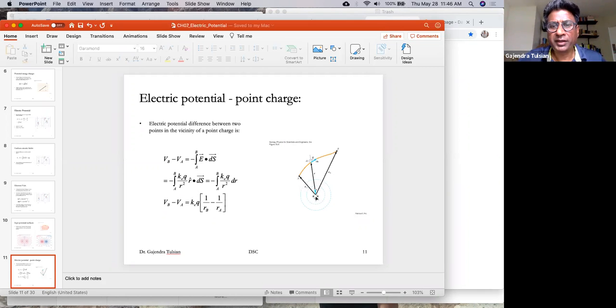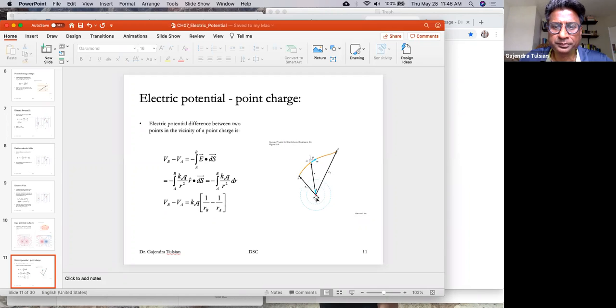So if you place a point charge there, and let's say you do the line integral for these two points A, B along this path. I'm not going to go through the details, but the electric field from a point charge is given by that, where r hat is a radial vector.